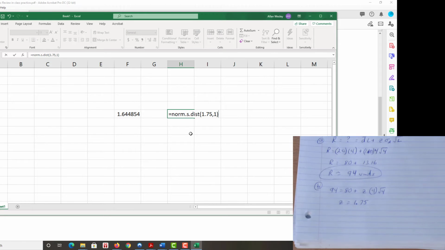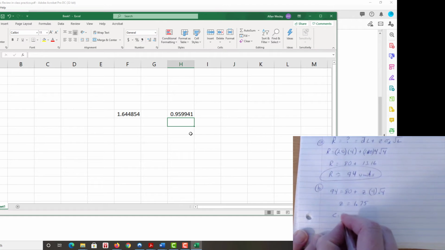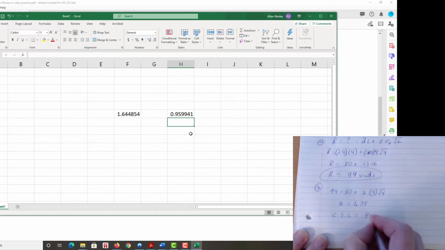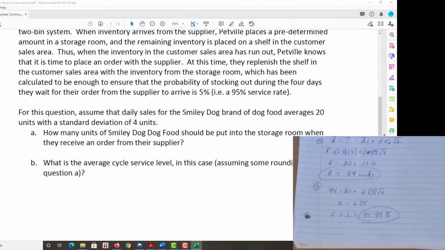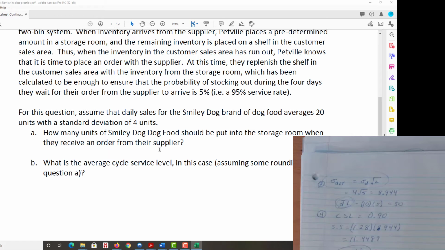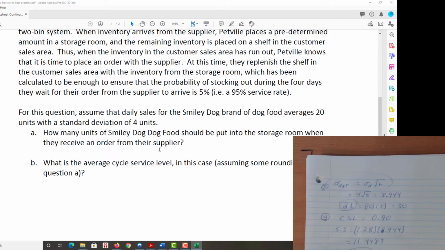We don't really care about the PDF for a normal distribution. And what do we get? 95.99%. So our actual cycle service level is 95.99%, almost 96%. Because of the rounding, we're a little bit higher than the minimum requirement. That's good, because it is a minimum requirement.